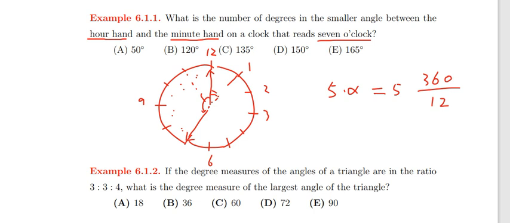So 360 over 12 is 30 degrees. So 5 times 30 equals 150 degrees. We can also say 3 o'clock is 90 degrees, so each hour is 30 degrees.